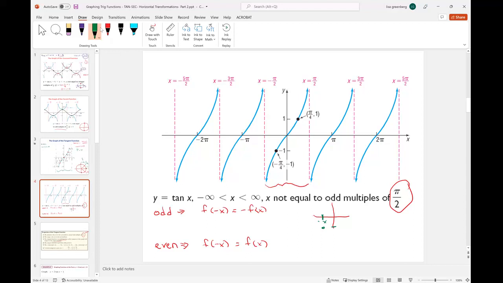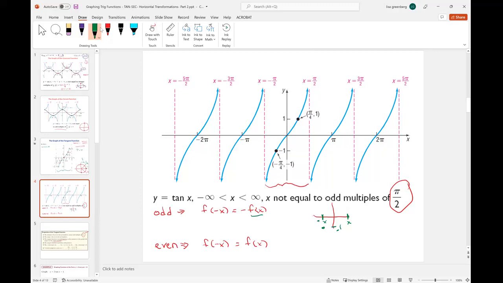Now, if that point is f of negative x, then what's going to happen to this point if I say that it's the same as f of x? Let's just make it 1. So negative 1. So we have a point at negative x equals negative 1. That means at positive x, this has to equal positive 1, right?